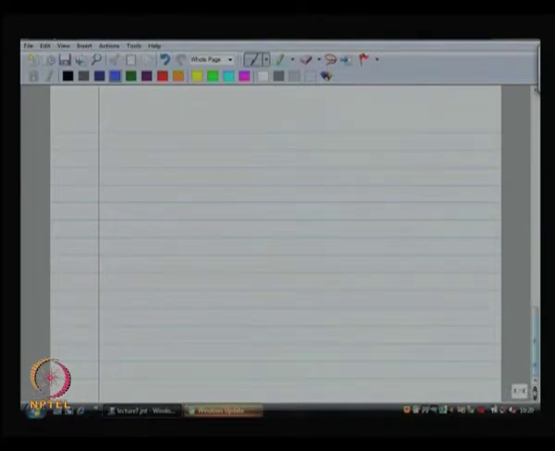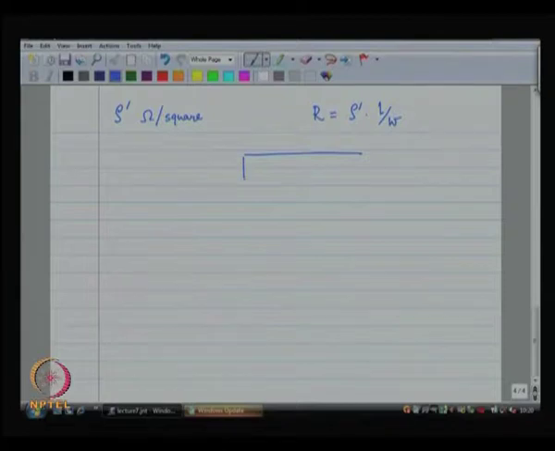Okay. Why do they tell you that? Because, suppose it is rho prime, the resistance is rho prime times the length divided by the width. So, if I have a track of length L and width W, then how many squares are there in this track?